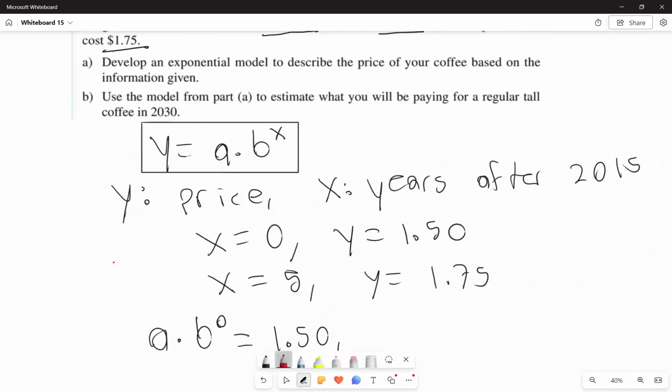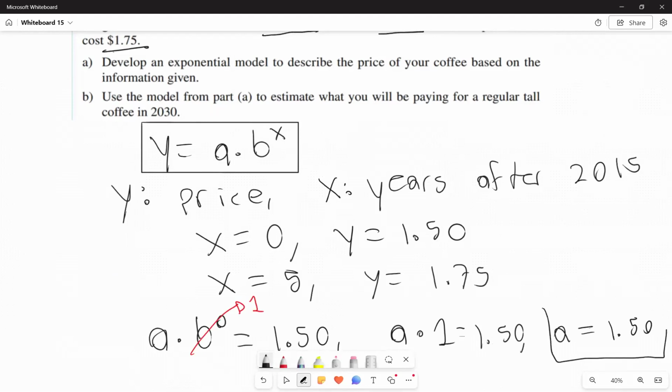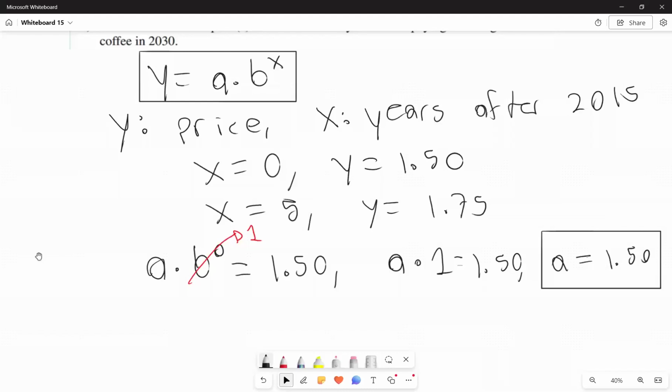So B raised to the power of 0, this is 1. And A times 1 equals 1.50, or simply that A is 1.50. Okay. And then we're going to use the other piece of information. Now we know that y is 1.50 times b to the power of x.